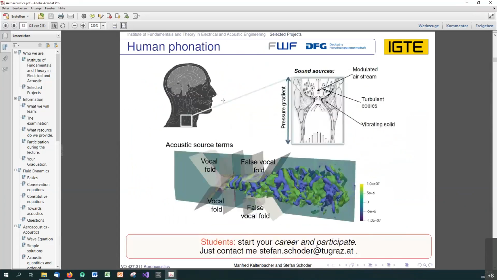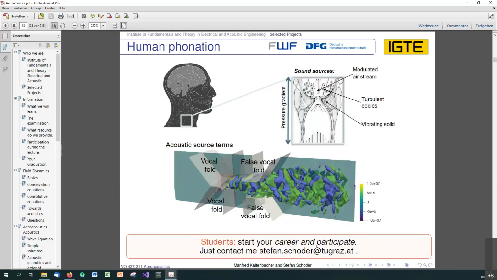The human phonation project. The biomedical setting is: we have the lungs, and between the mouth and the lungs there is the larynx where the vocal folds are. The vocal folds are what is called here the vibrating solid.